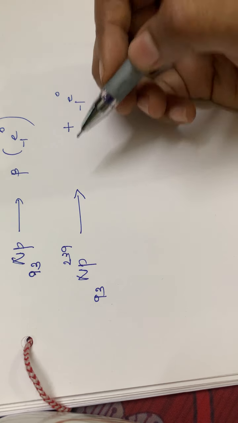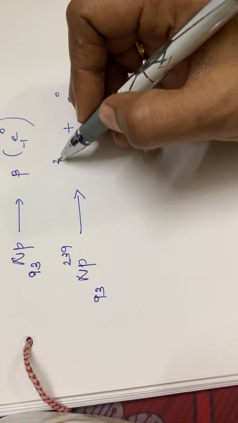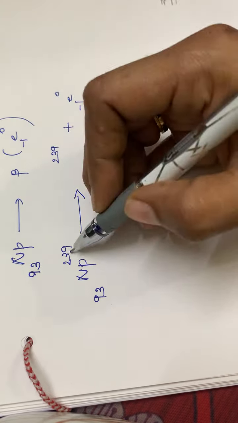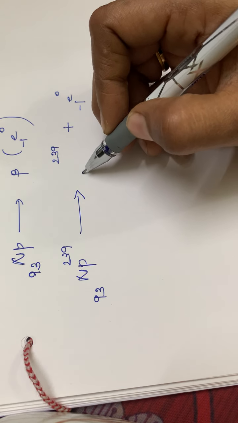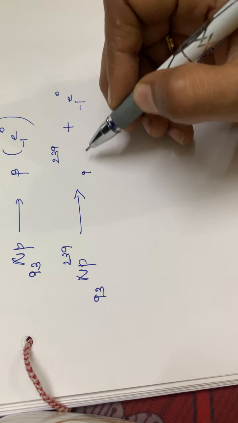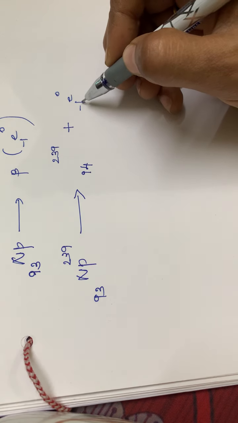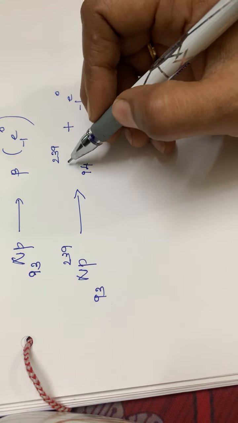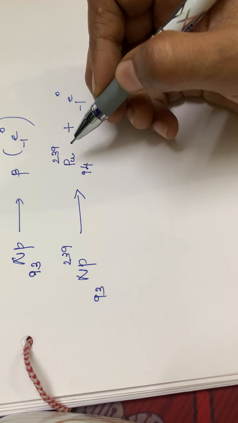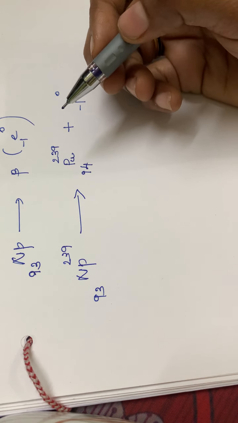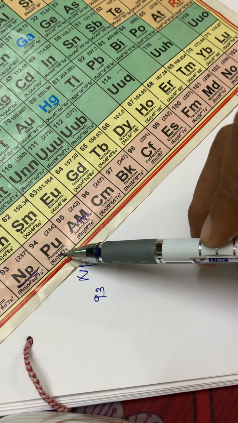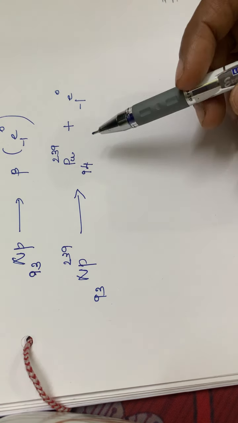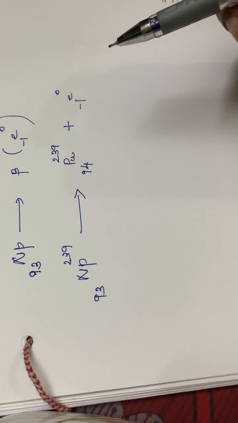You have to write the equation. The mass number of the other element will be 239, no change in mass number. Here it is minus 1. So what about the atomic number? The atomic number will be 94, isn't it? 94 minus 1 is 93. The element with atomic number 94 is plutonium. Thus we have got plutonium, isn't it?